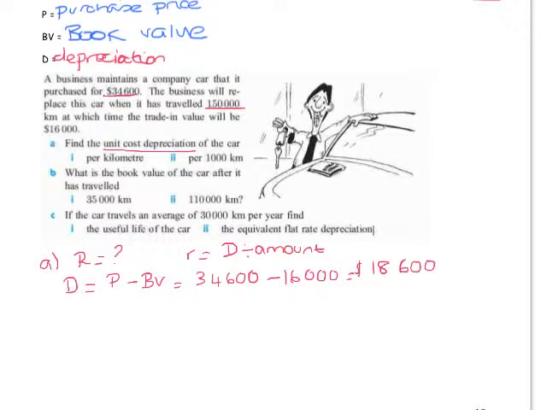The unit cost depreciation is the rate of depreciation, which is 18,600 divided by its use, 150,000 kilometres, which works out on our calculator to be 0.124, or 12.4 cents per kilometre.